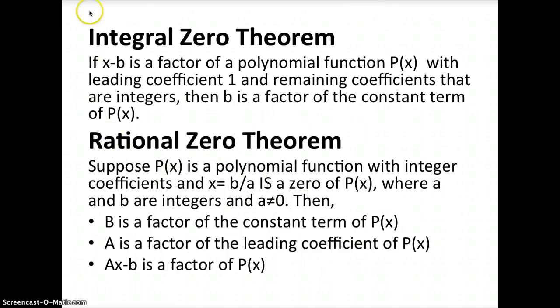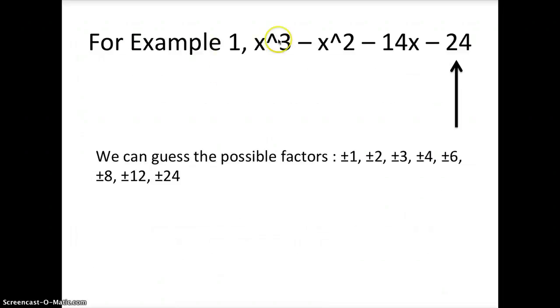So x minus b is explained by the integer zero theorem, which has leading coefficient 1 and remaining coefficients that are integers. The rational zero theorem, which is ax minus b: b is a factor of the constant term of P(x), and a is a factor of the leading coefficient of P(x).